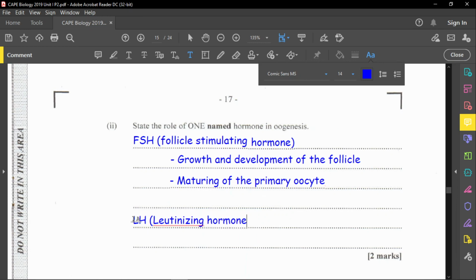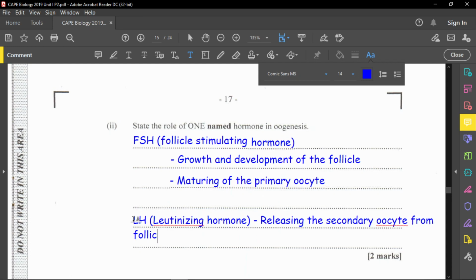The luteinizing hormone is very important in the releasing of the secondary oocyte. It is responsible for releasing the secondary oocyte from the follicle.